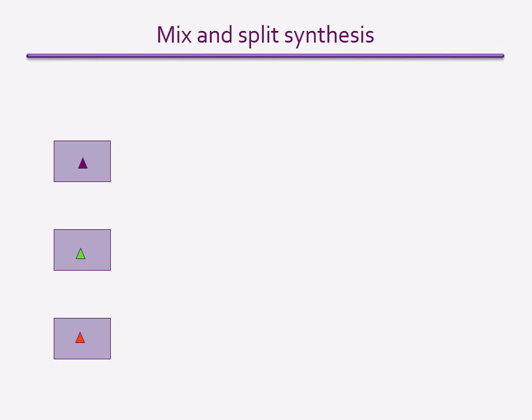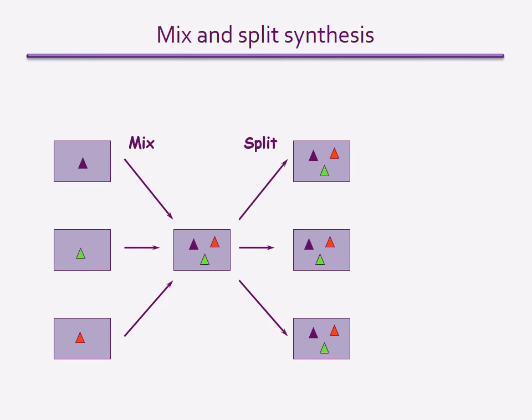This slide illustrates one of the approaches to doing this, called mix and split synthesis. Instead of mixing all the series A and series B molecules together, all the A components are mixed. The resulting solution is split in 3, and each of the series B molecules is added individually to each of the solutions containing the mix of A molecules.